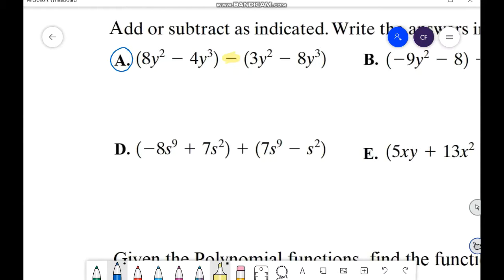So write down the first polynomial as it is. Don't change anything at all. And write down the second polynomial as the opposites, changing the sign of each term. So negative 3y squared plus 8y cubed.